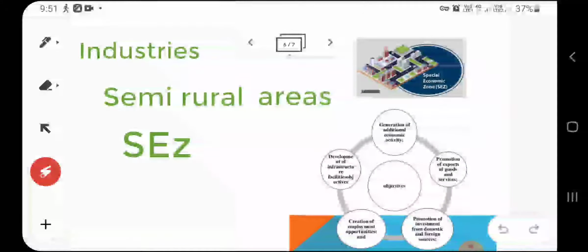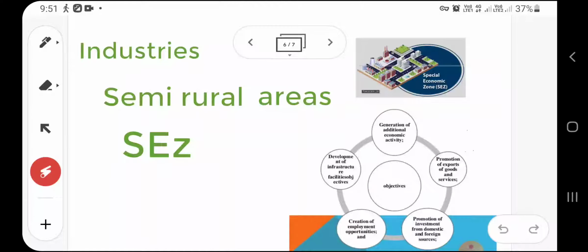Then industries. If we establish industries in semi-rural areas and undeveloped areas, we can develop that area and we can create employment also. For example, SEZ, special economic zone.